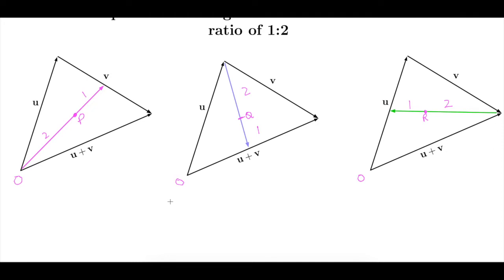Let me change the color here. We'll say to prove: P, Q and R have the same coordinates.